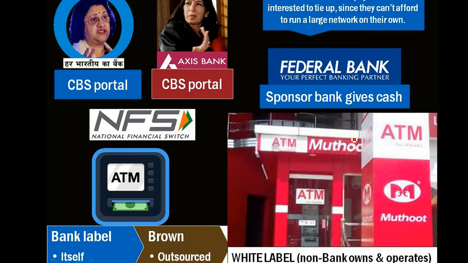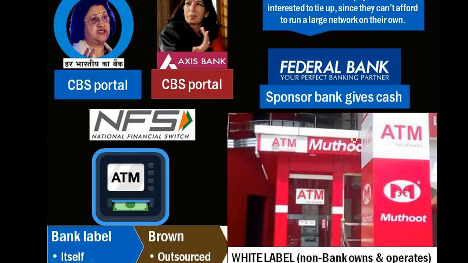If a bank outsources these ATM services, then it is called a brown label ATM, and if a non-bank entity collaborates with some financial institution to provide ATM services, then it is called a white label ATM. In India there are a total of 8 white label ATM service providers. All these service providers must be registered under the Payment and Settlement Act 2007.